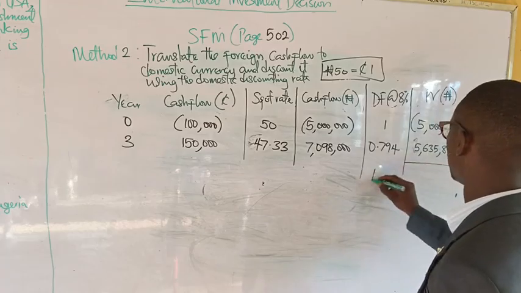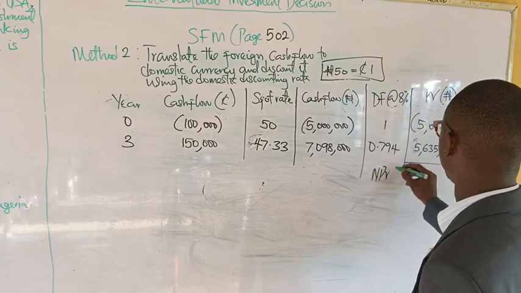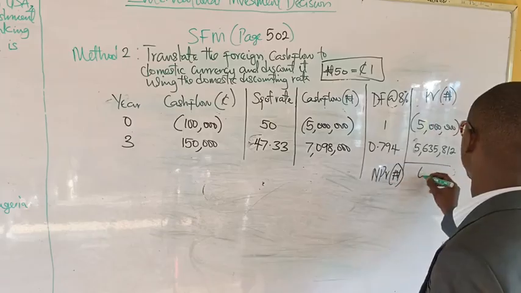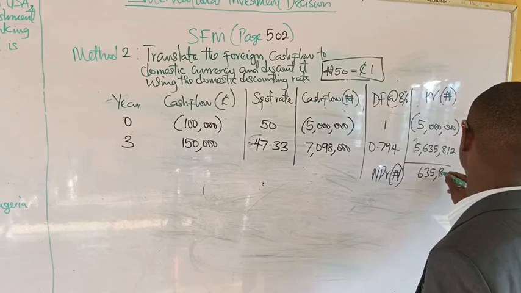So that means the NPV in naira now. Don't forget, it should not be... 635,812.